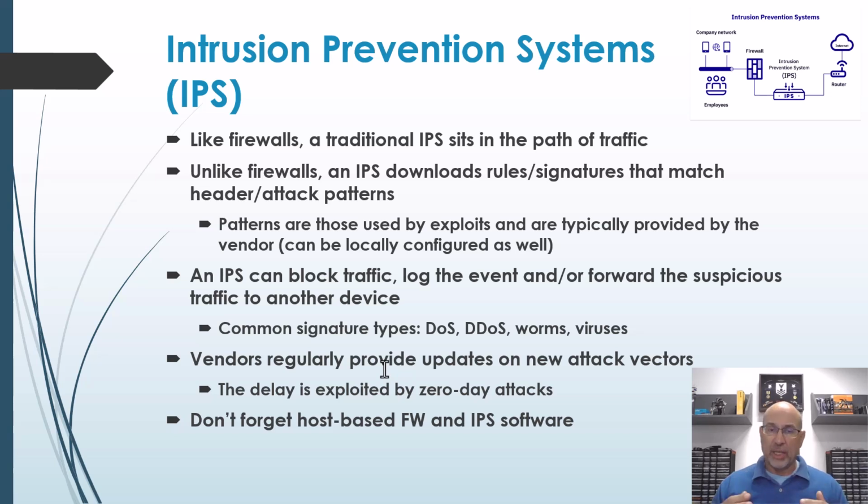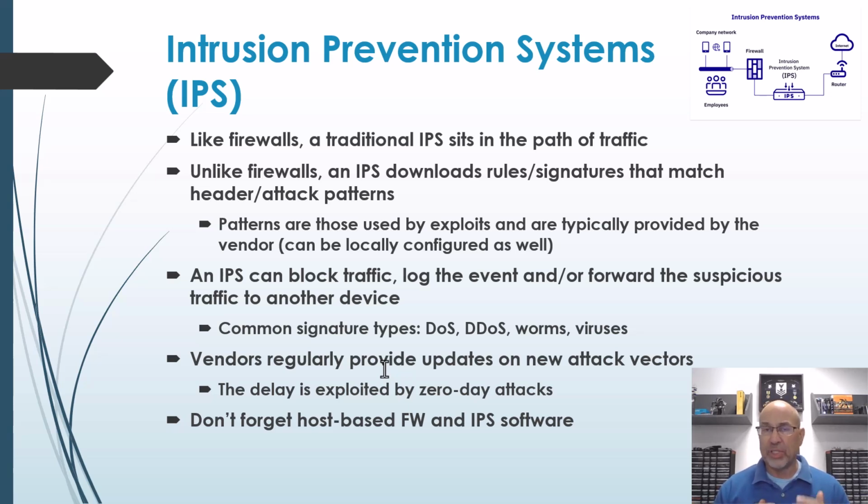So they sit in the path of that traffic, and what normally happens with an IPS is that you download signatures onto the IPS. And what the IPS is looking for is all kinds of attack signatures, all kinds of attack patterns. And when it recognizes those, it says, I'm supposed to do something about this. At the very least, it's a notification, but it might actually act to restrict traffic.